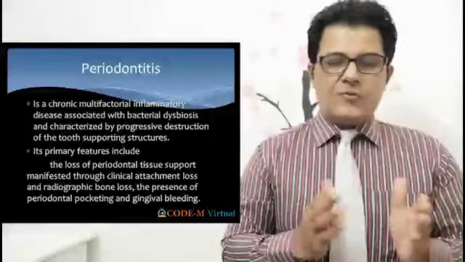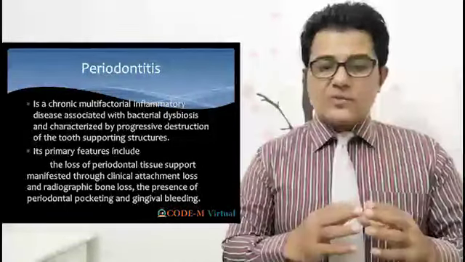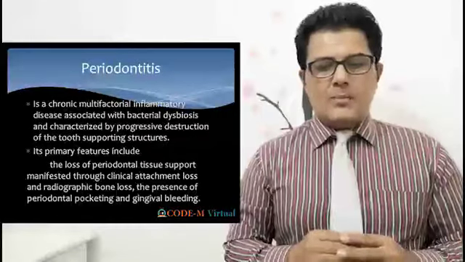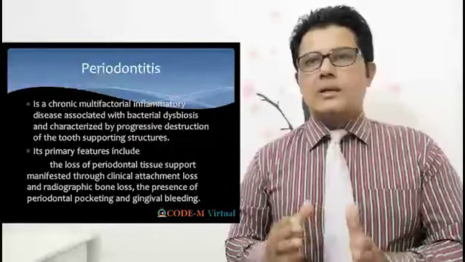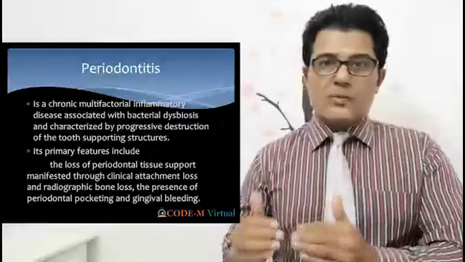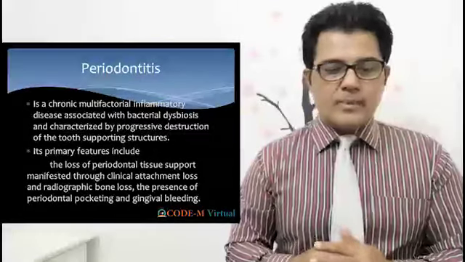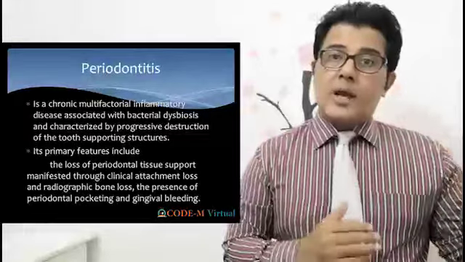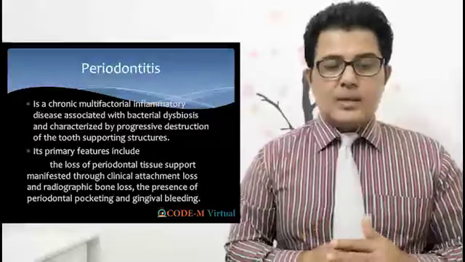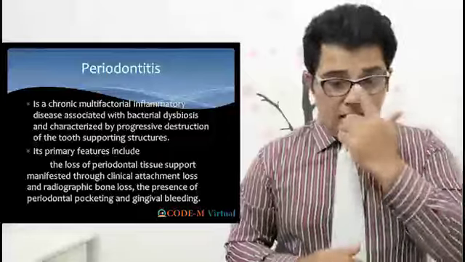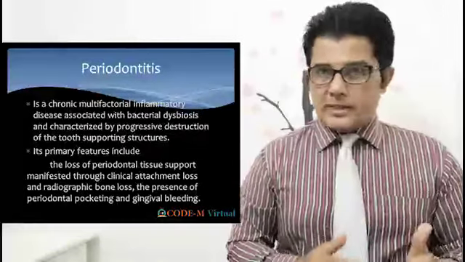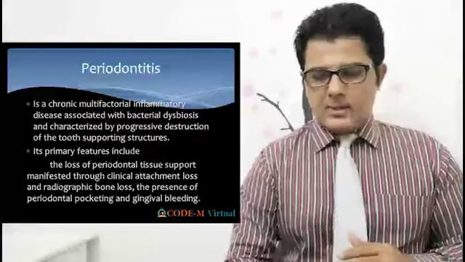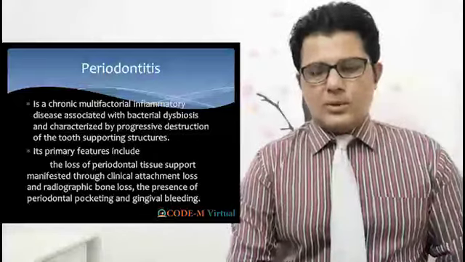Its primary features include the loss of periodontal tissue support, manifested through clinical attachment loss. So there will be attachment loss, and radiographic evidence will show bone loss, the presence of periodontal pocketing, and on many occasions gingival bleeding.